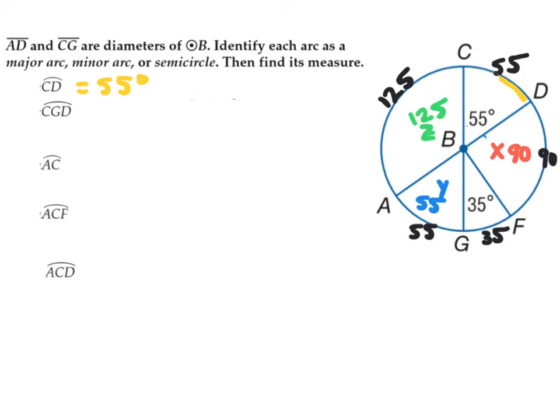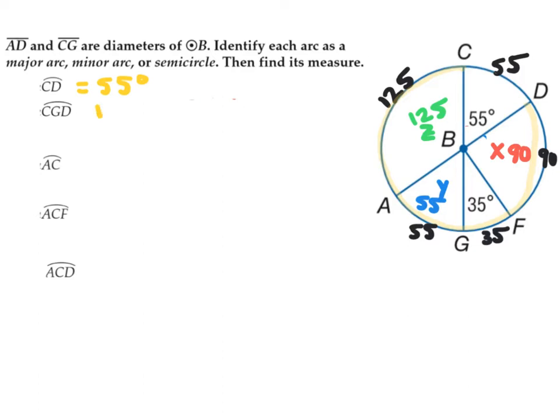Now for my next problem, it's asking for the measure of arc CGD. So I would start at C, go around to G, and then back over to D. So I can draw it in, start at C, go around to G, and then over to D. Now, using this, we could do one of two things.